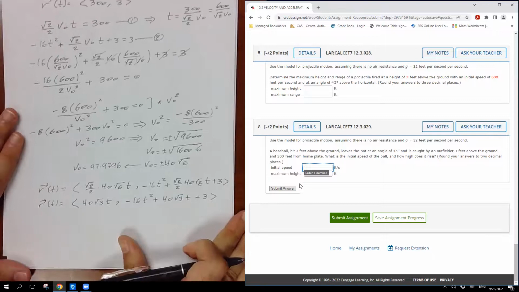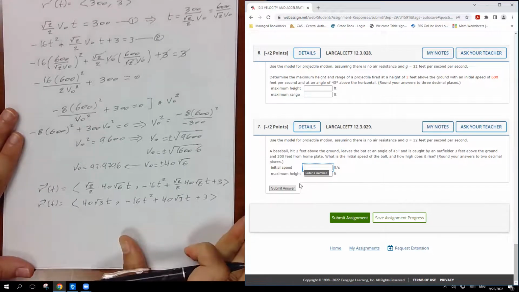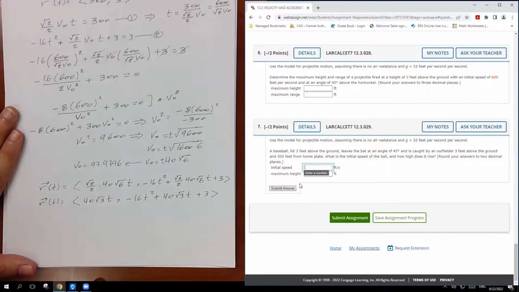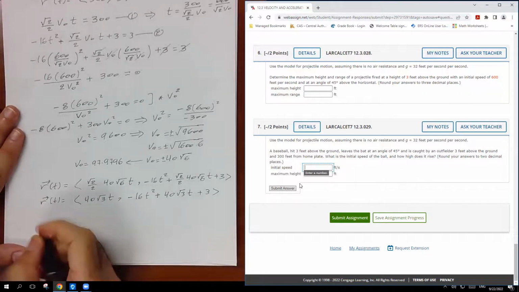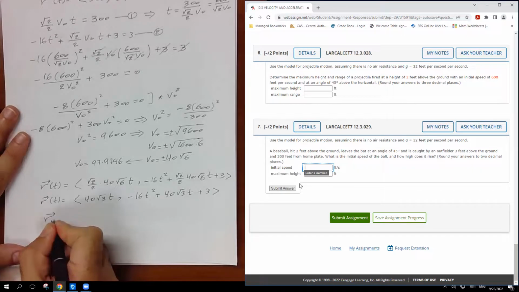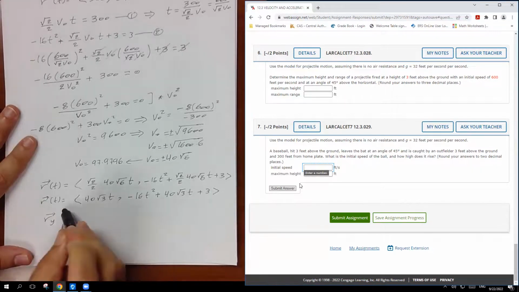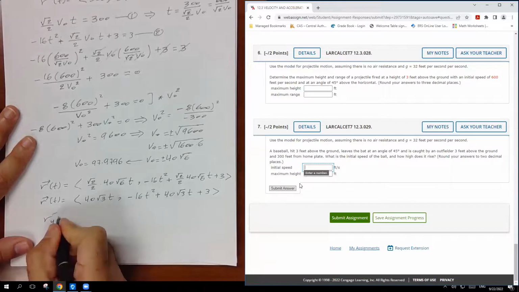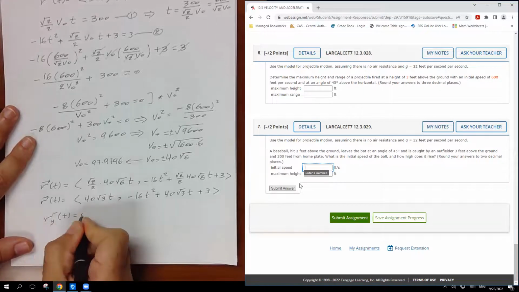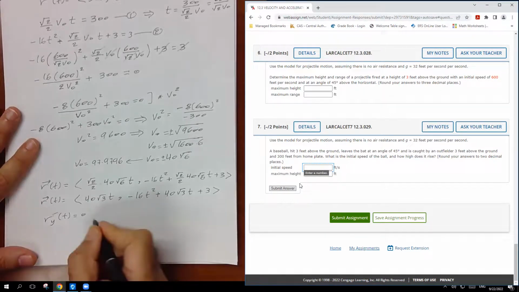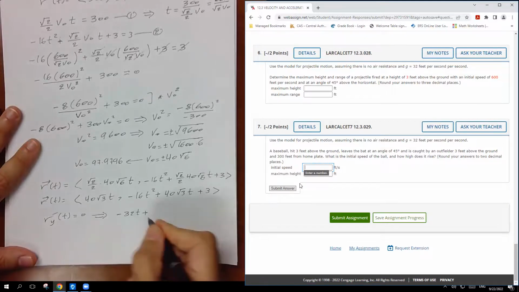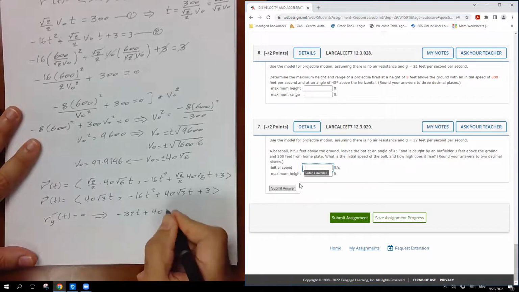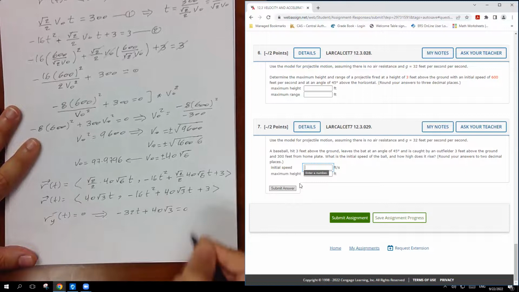To find the maximum height, now I need to find the time. So I'm going to take the derivative of the position vector with respect to t and set it equal to 0. That means the derivative of this part is negative 32 t plus 40 square root of 3 equals 0.